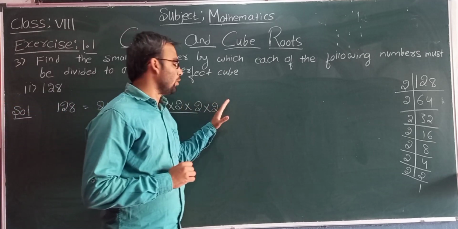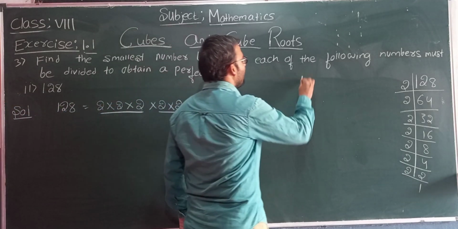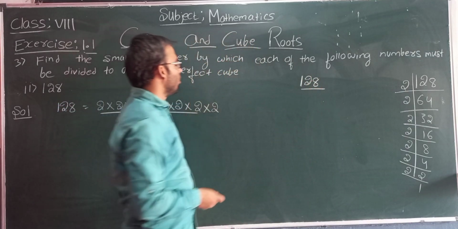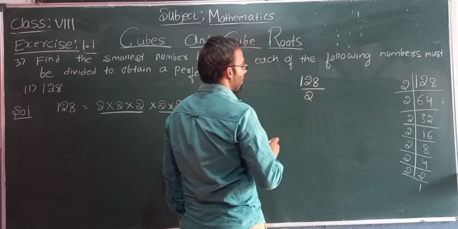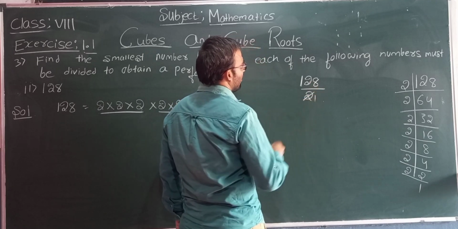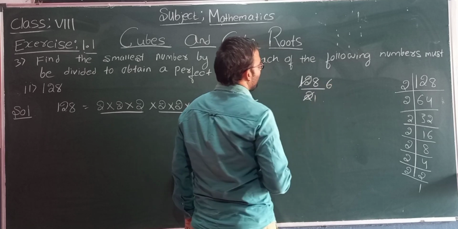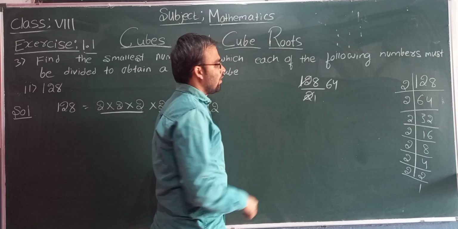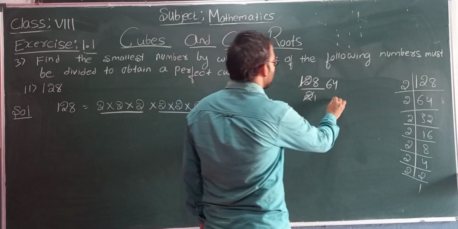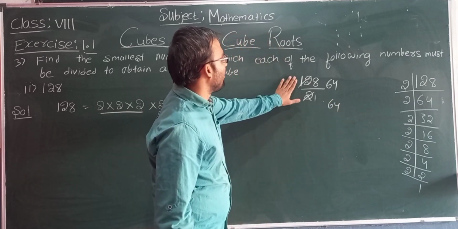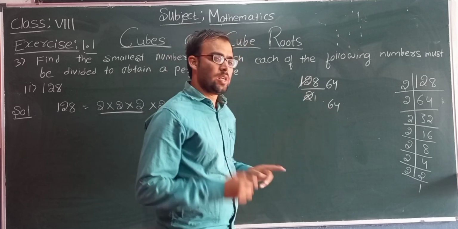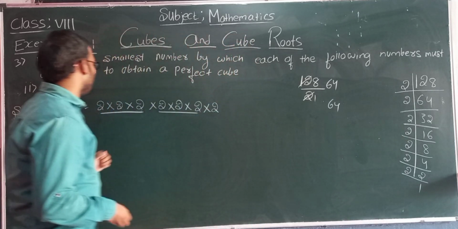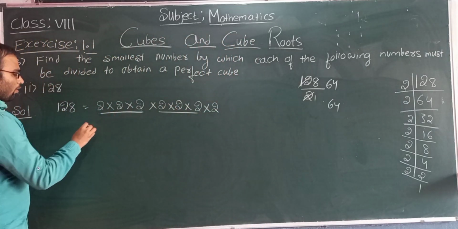As 2 is not in a pair, when we divide 128 by 2, only one 2 is remaining, no? So when we divide 128 by 2, what are we getting? 2 6s are 12, 2 4s are 8. So we are getting 64, students. 64 is a perfect cube, no?